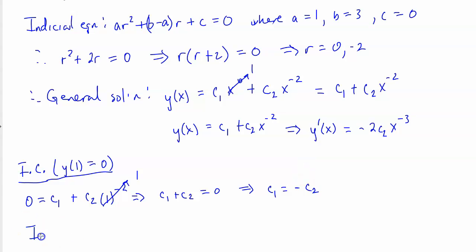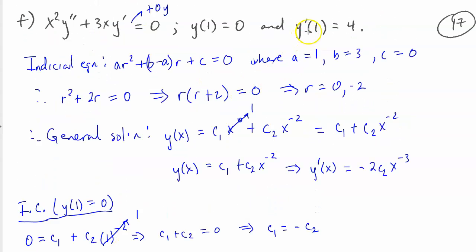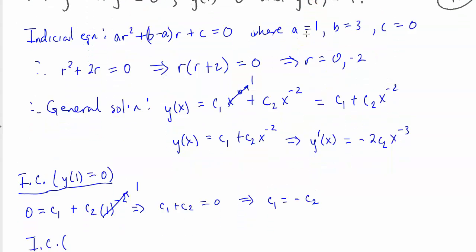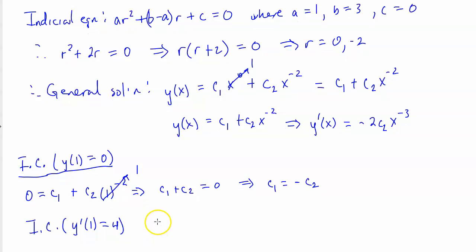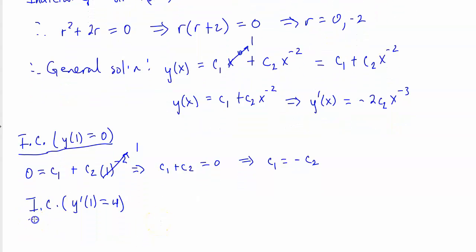So for our next initial condition, we're told here that when we take the derivative, evaluated at 1, we get 4. So here for our derivative, the left-hand side would just be 4. This will be minus 2c2 times 1 raised to the -3.